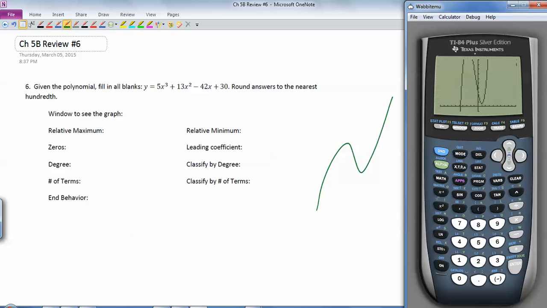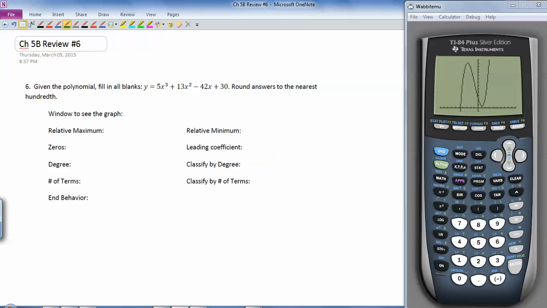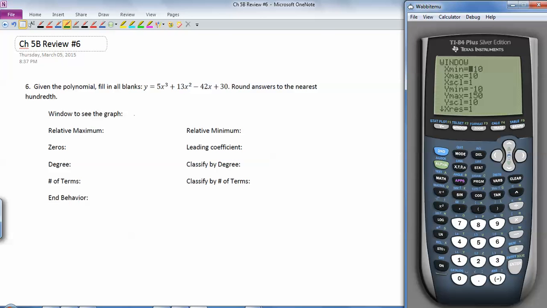Oh, I still need to go higher. Okay, so let's do, I don't know, let's do 150 for the y max. 150 graph. All right, that's what I'm talking about. All right, so the window, the x min was -10.